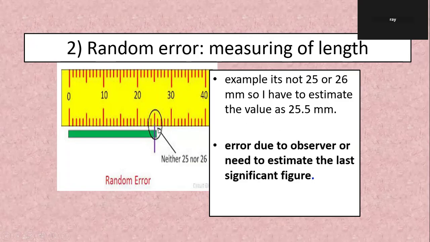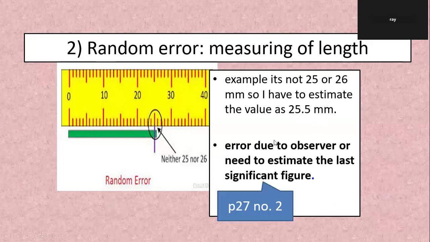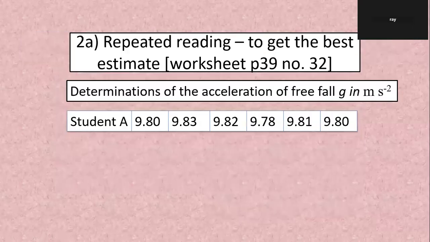We have to estimate between that. So we call it error due to observer, or needing to estimate the last significant figure. 25.5. Repeated readings to get the best estimate.